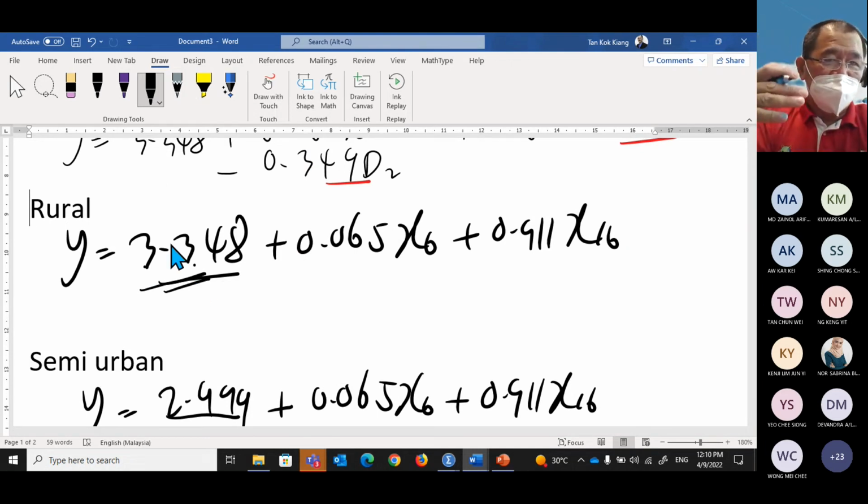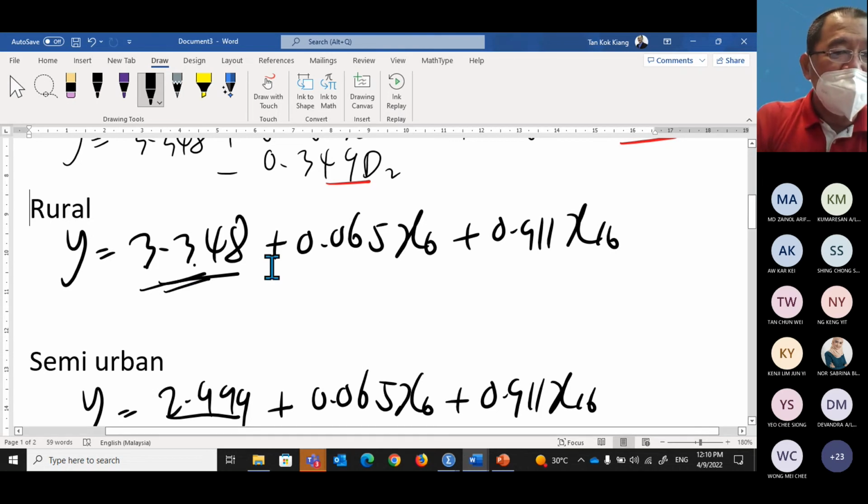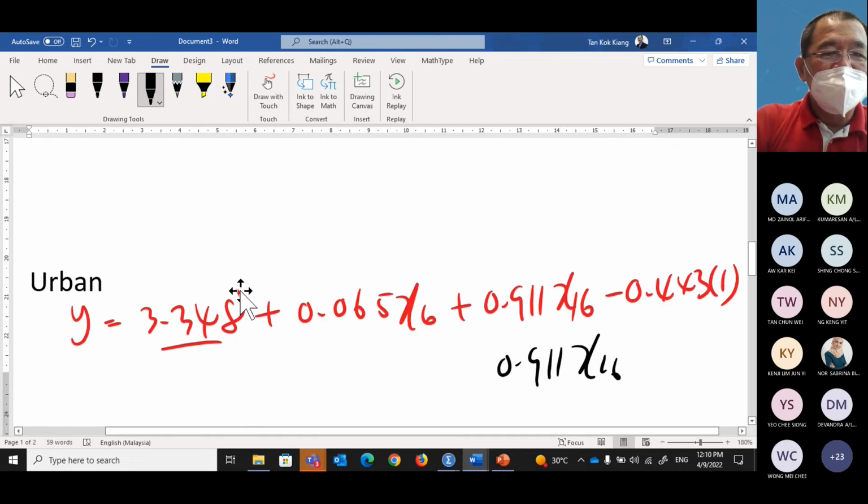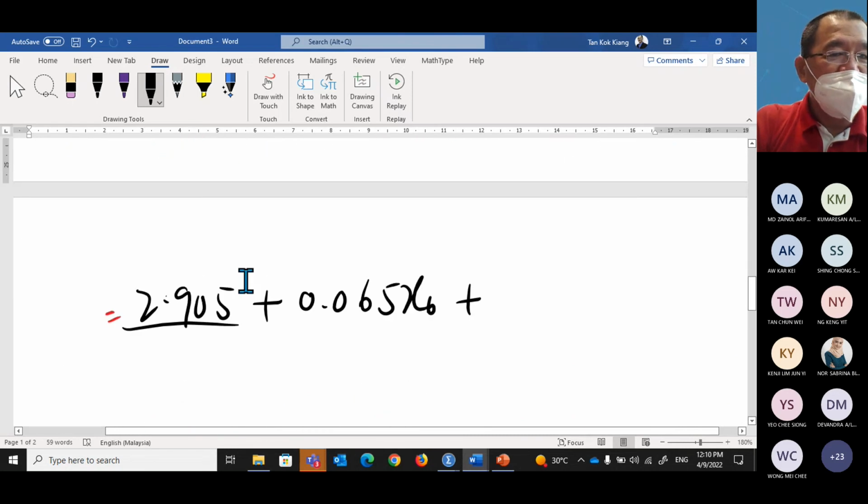So at least, let's say with no bias, just from this equation, therefore maybe the company should be more careful, or send more experienced people to serve the customers in the urban area. And this is how you can apply it to a particular issue.